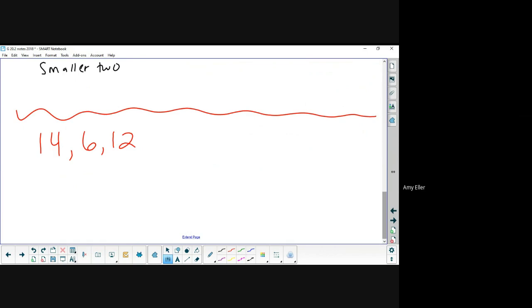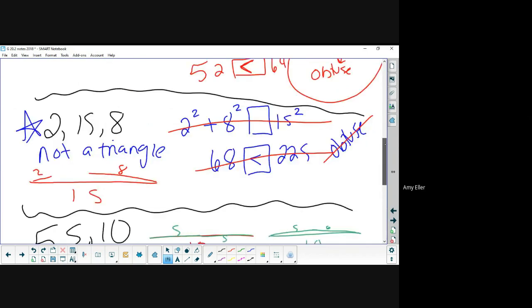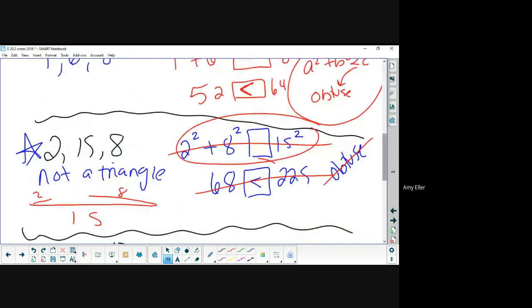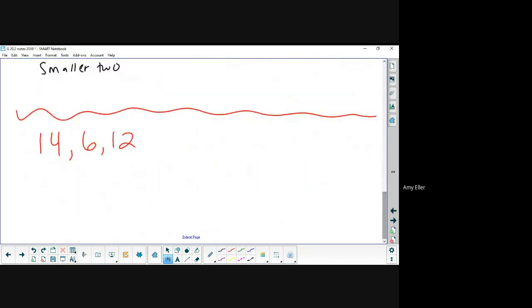Is that going to touch to reach the number 14? Yeah. Check that first. Otherwise, what's going to happen is you're going to do some really nice work. You're going to get your calculator. You're going to come up with the right symbol. And this goes with that symbol, but it's got to make a triangle first. This one does. Go ahead on your own. Do the little bit of work and tell me what kind of triangle you think it is.